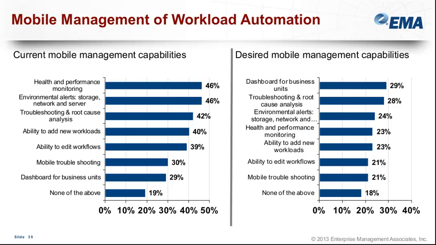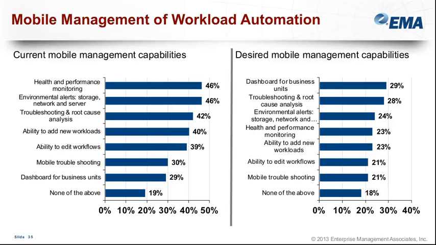Let's jump to mobile management real quick, and you can see the current mobile management capabilities that companies have today. About half of the companies that we asked have some form of mobile management or at least monitoring capabilities. You can see those in this list. Health and performance monitoring is number one.